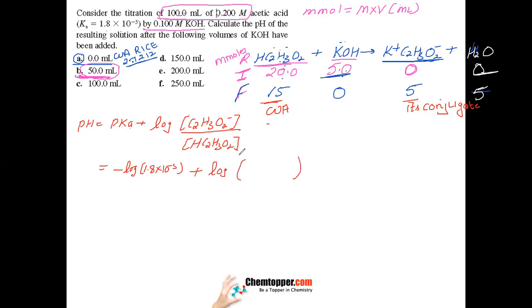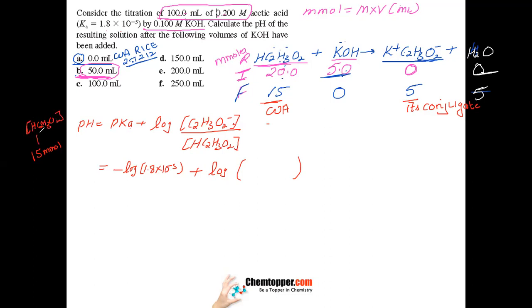What's the concentration of this acetic acid? Concentration means moles divided by volume. But here we are working with millimoles. So it is 15 millimoles. I'm working out the concentration of acetic acid.